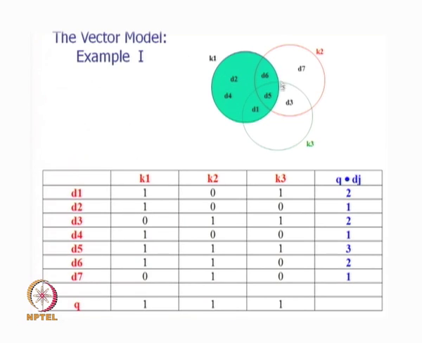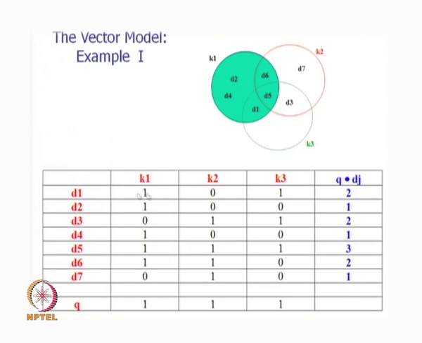So, here is an example which is shown in terms of the keywords K1, K2 and K3, and the documents which contain them. For example, this blue circle shows that the term K1 is present in D2, D4, D6, D5 and D1. If I look at the whole situation from the point of view of documents, then we can represent the documents in terms of their keywords.